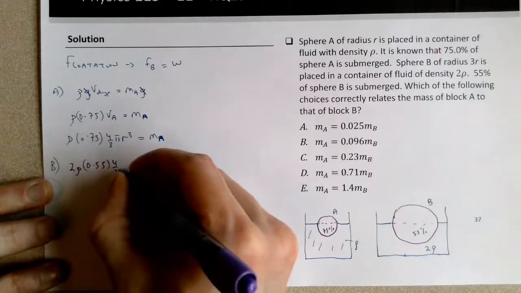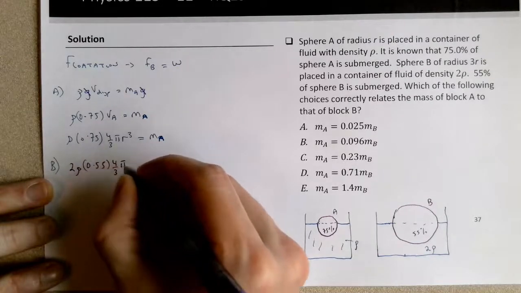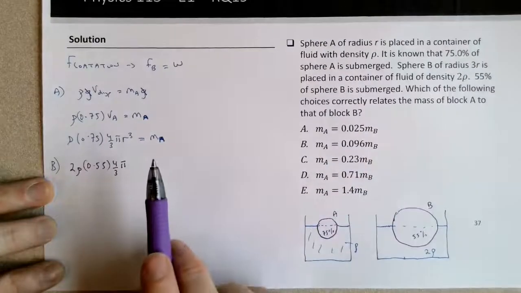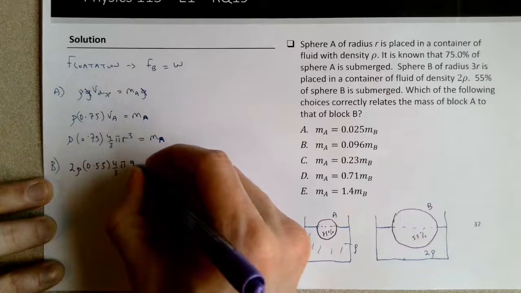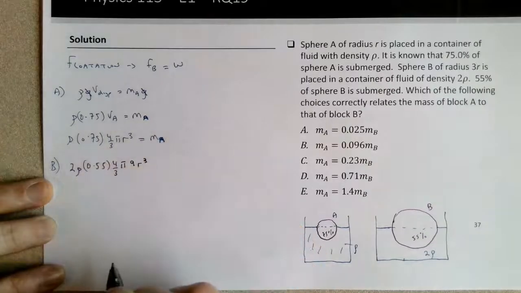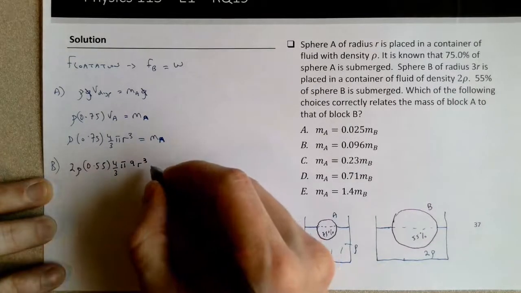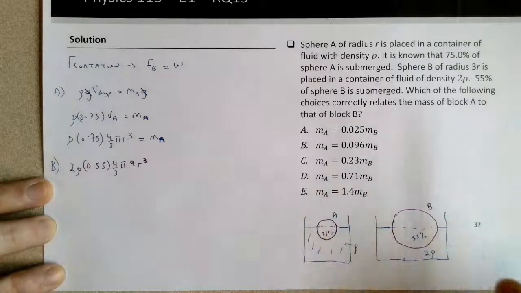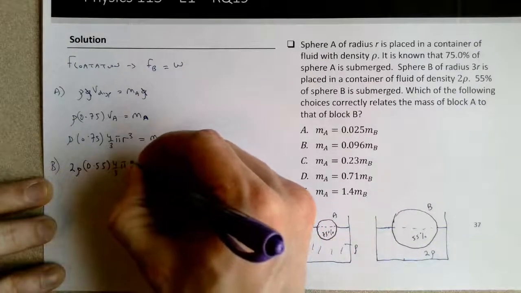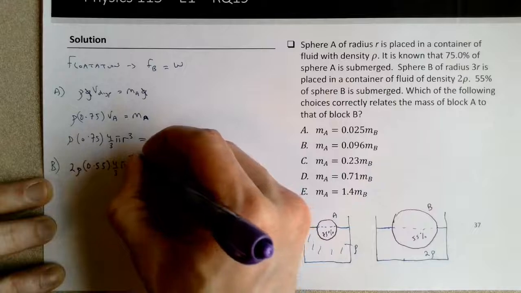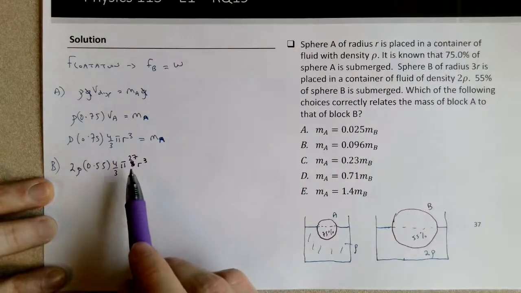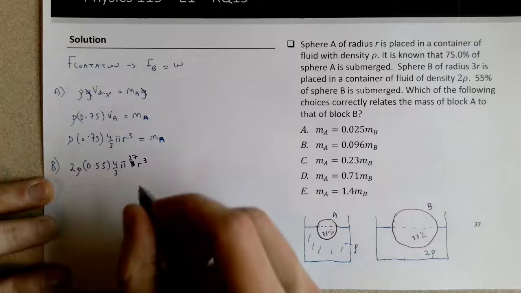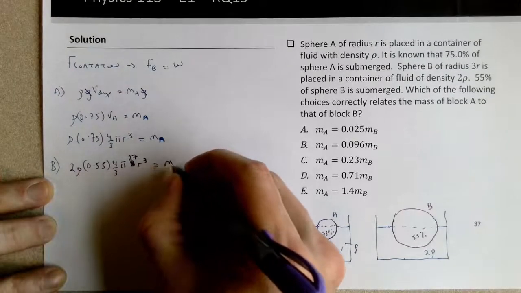We still have the 4/3 pi, but the radius is 3r. So the volume of B would be 9 r cubed. Wrong, actually, 27, because it's cubed, not squared. Apologies for that. So 3 times 3 times 3 is 27, and that all equals the mass of B.